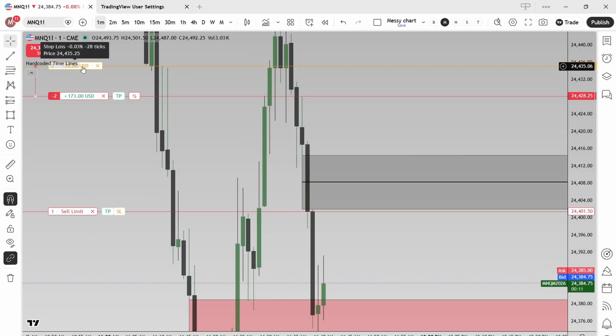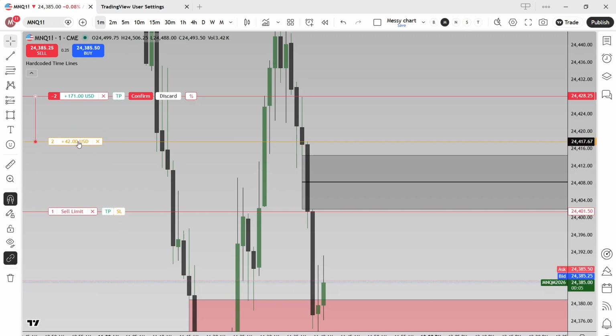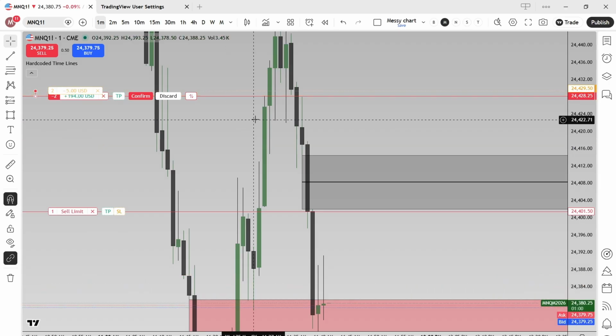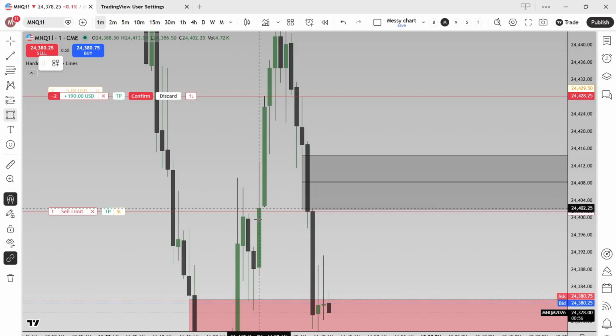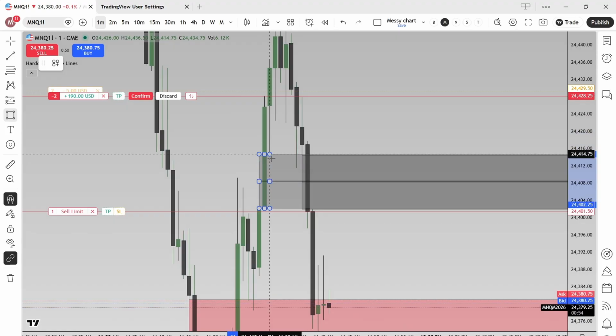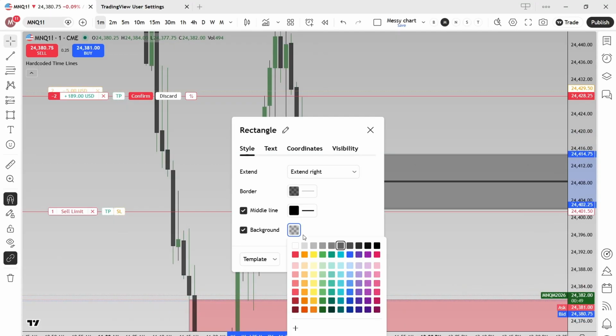I can move the stop to above here. This candle. Or just break even, because this candle. This is going to be blue or green.